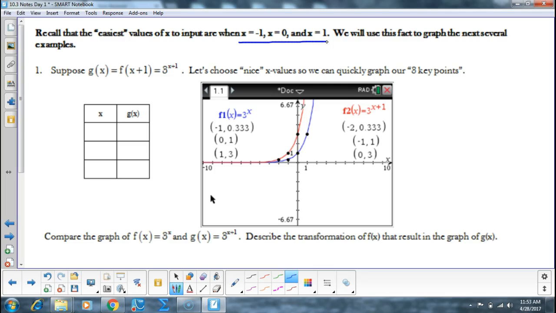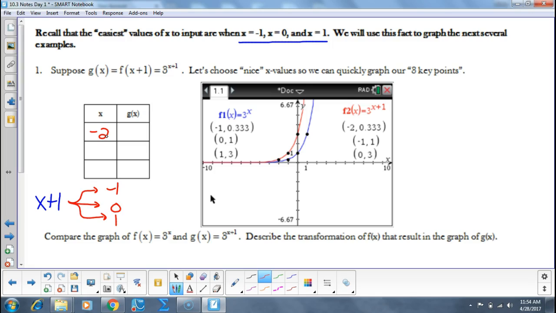Okay? So if I want x plus 1 to equal -1, I want it to equal 0, and I want it to equal +1. So x plus 1 equaling -1 says I'm going to put in -2.